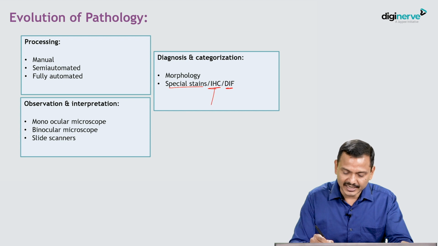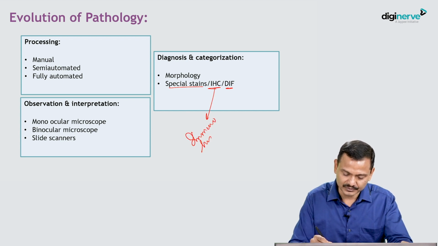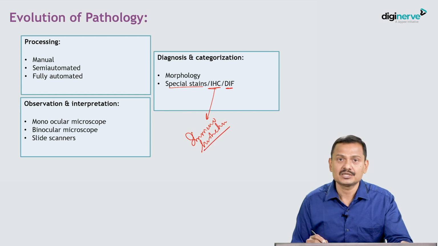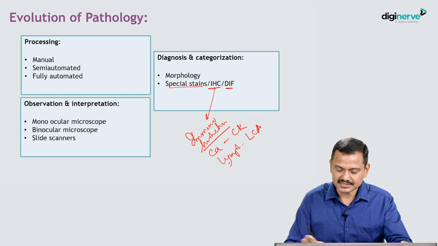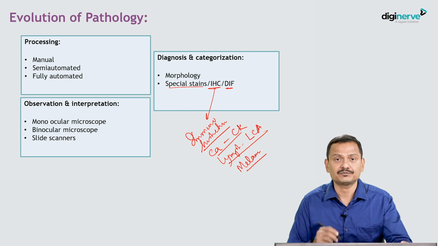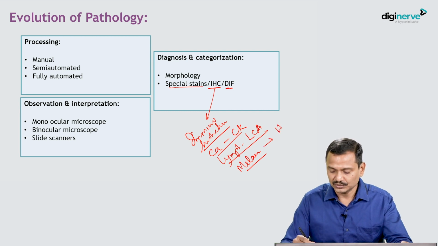IHC means immunohistochemistry. In immunohistochemistry, suppose we are suspecting that the patient has a carcinoma, we do a CK stain. If we are suspecting a lymphoma, we will do an LCA stain. If we are suspecting a melanoma, or in order to confirm a melanoma, we can do an HMB45 stain.